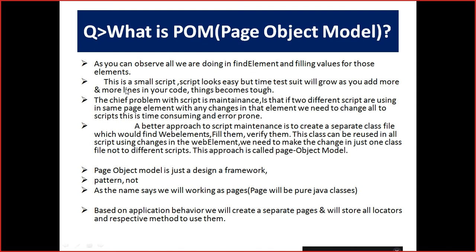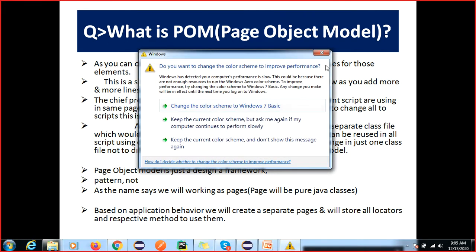If you do not use the page object model, it is very hectic to handle all this stuff, right? The chief problem of this script is maintenance: if two different scripts use the same page element, with any change in the element, we need to change all the scripts, right?